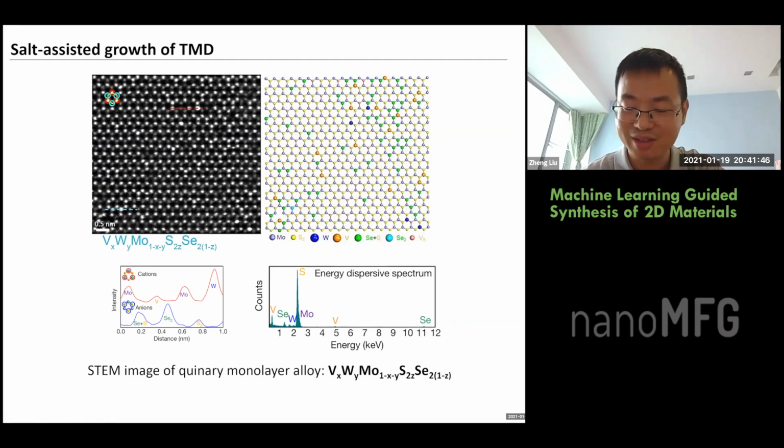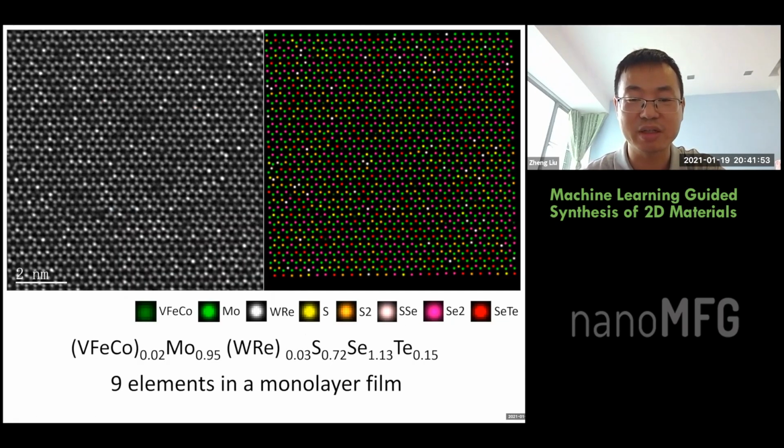And I want to share that this is not the limit of the CVD method. In our recent work, we can put even 9 or 10 different elements in the monolayer structure. Although we really don't know what it can be used for, the materials side is quite amazing to achieve this.